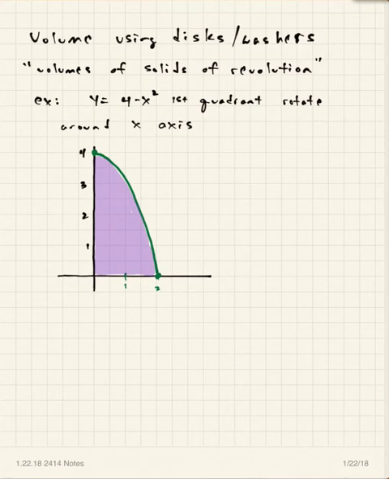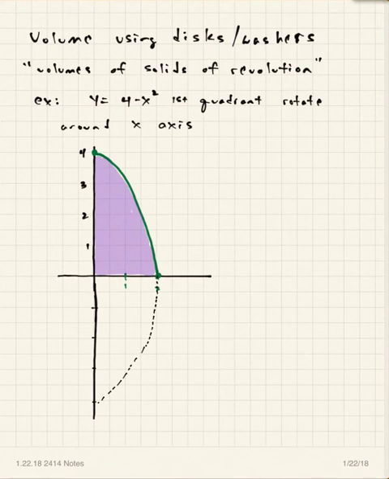When we do that, I'm going to continue this picture on like this. So 1, 2, 3, 4. You get this cross section like this, and that's a cross-sectional view of the solid that we're talking about.